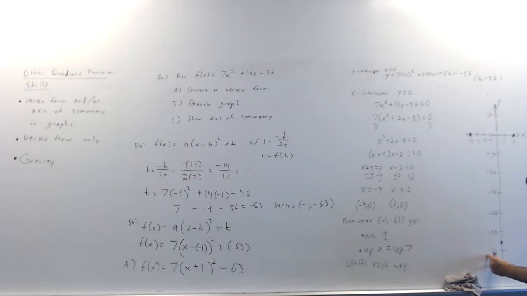Over 1 and up, well, it'd be the same, okay? Over 1, over 1. Okay, I guess I can move that in a little bit, and I'll just do the best I can.